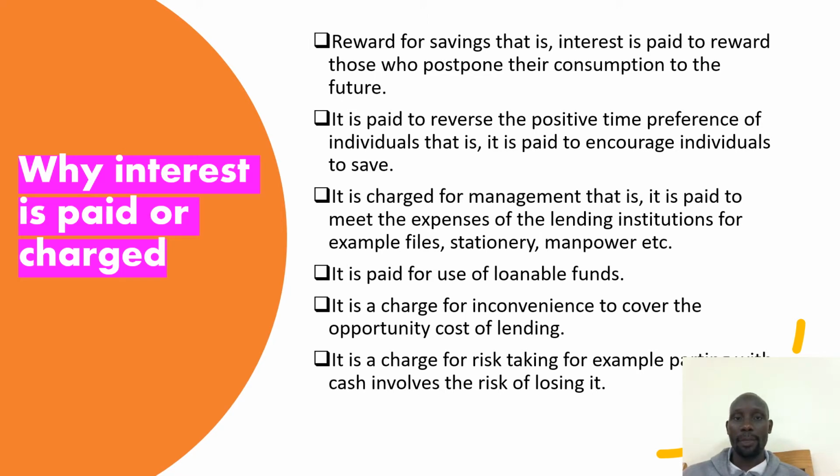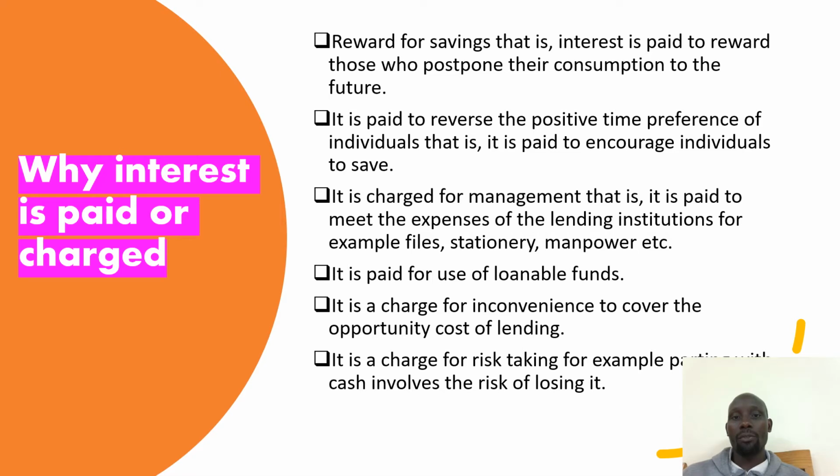Next, it is paid to reverse the positive time preference of individuals. That is to say, it is paid to encourage individuals to save. So we know that time preference for money is either when you use your money in the present or in the future.